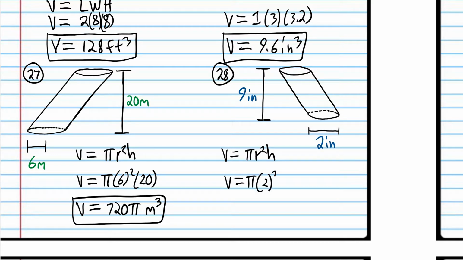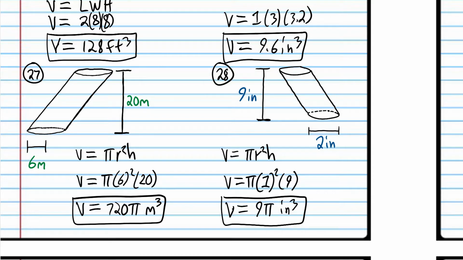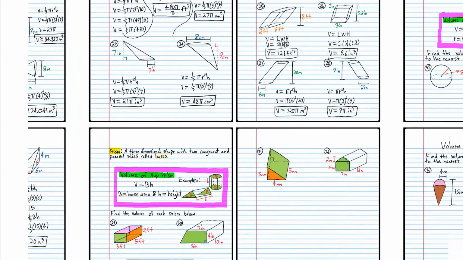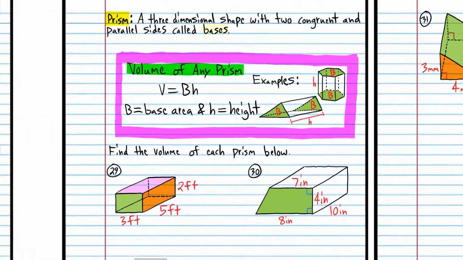R is 2. Actually, R is not 2. Whoops. So it's so easy to get fooled by that. R is 1. And so now we just get 9 pi cubic inches. So if you got that answer, good job. Okay, on to the next thing here.